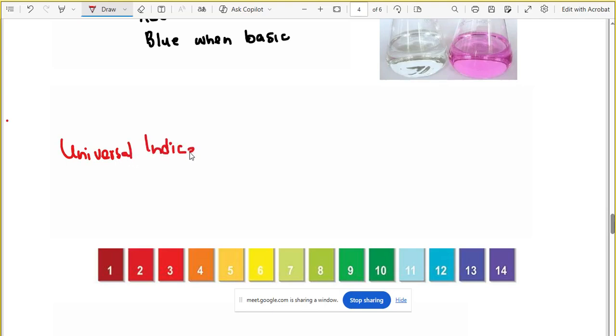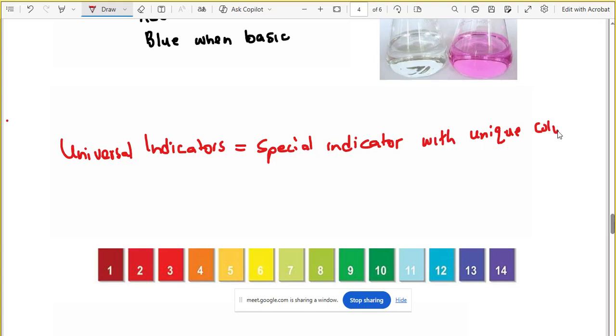The universal indicator is a special indicator with unique colors. Now, unique colors for what?